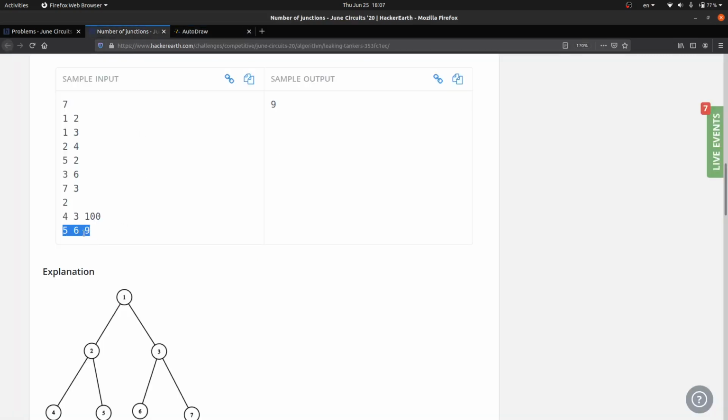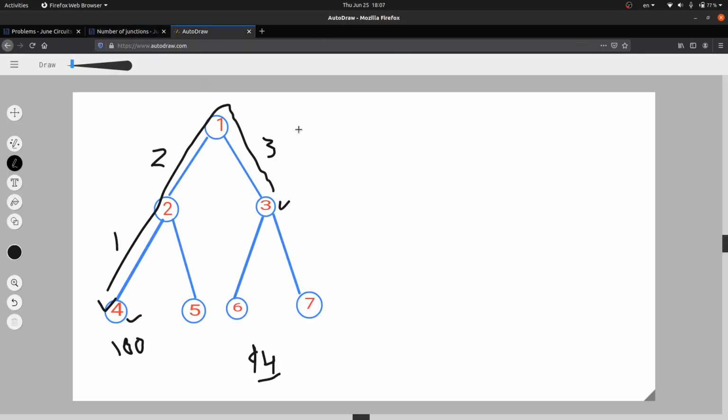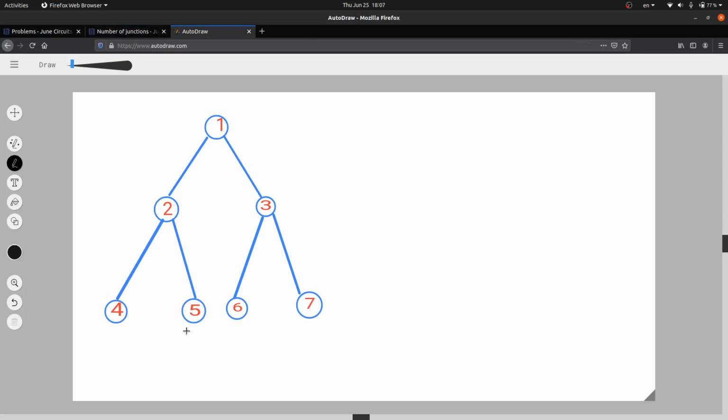So it will go from 5 to 6 and it has an initial capacity of 9. So the path is this, and it has an initial capacity of 9. It will spill 1 liter here, 2 liters here, 3 liters here, and the sum of these is 6.